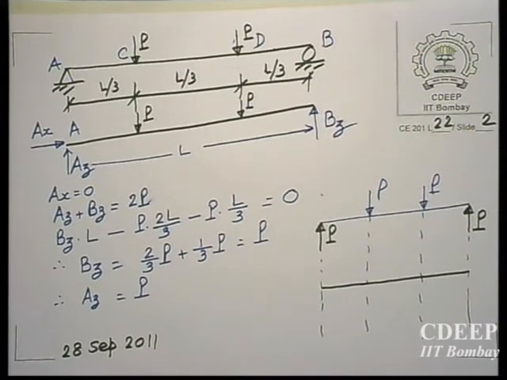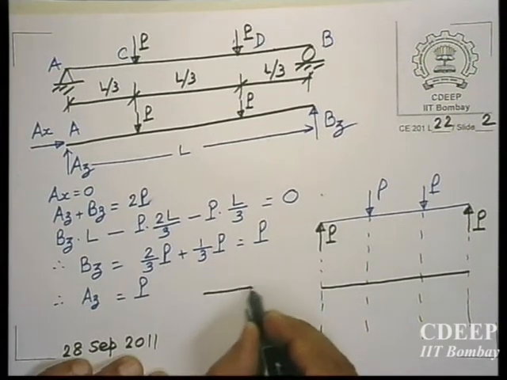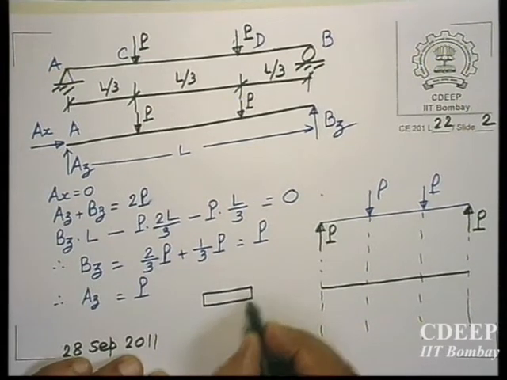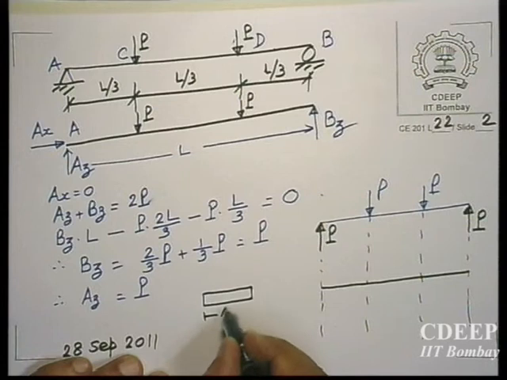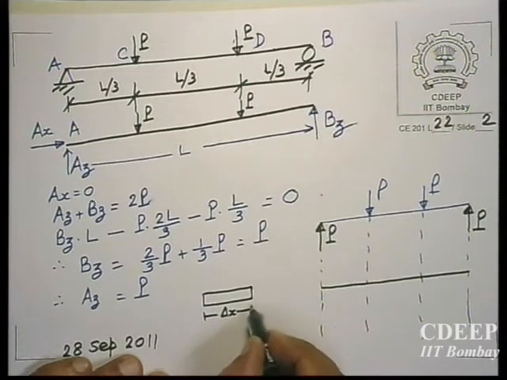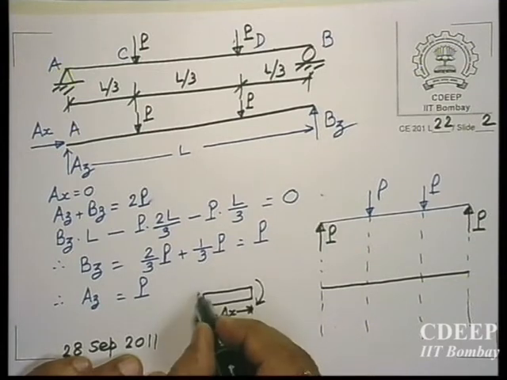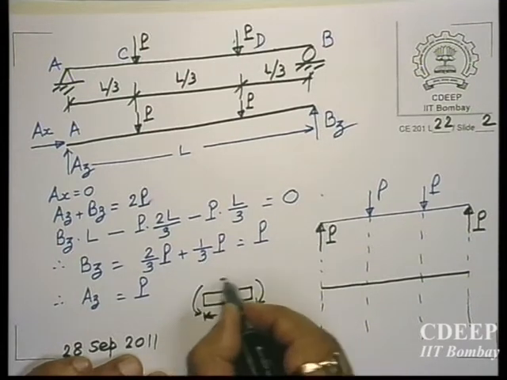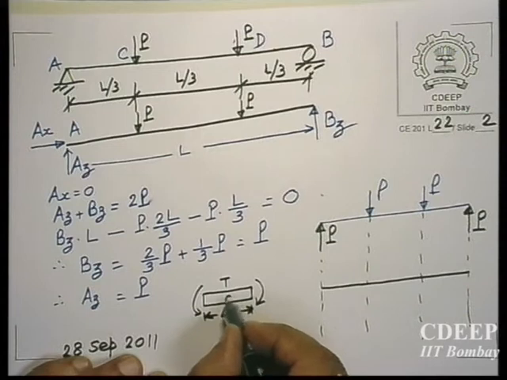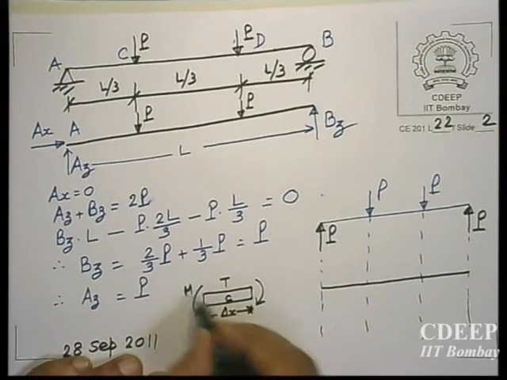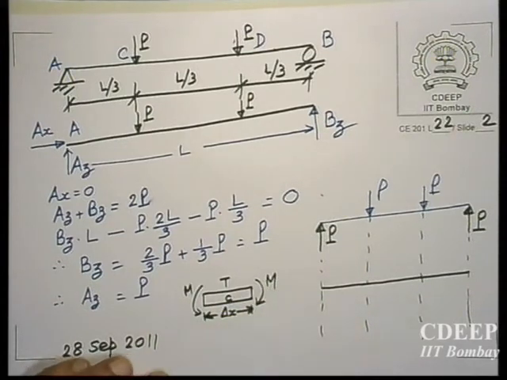As per our sign convention, if this is a beam element of length dx, a small element, a positive moment produces tension at the top and compression at the bottom.